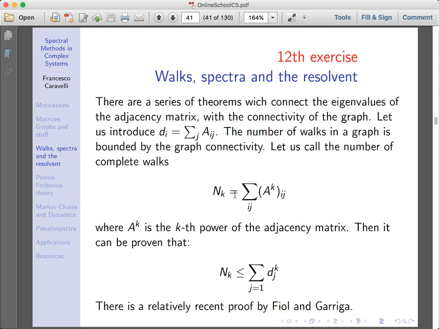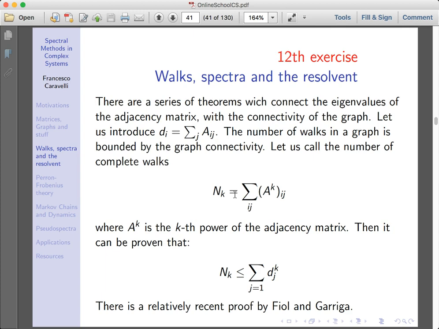Let's take first the power of the adjacency matrix A, say A to the k. If you think about the meaning of the power A to the k, the element ij of this matrix is nothing more than doing k walks, k steps on the graph. A to the k ij is 0 if there is no way that in k steps the particle is going to reach node j from node i.